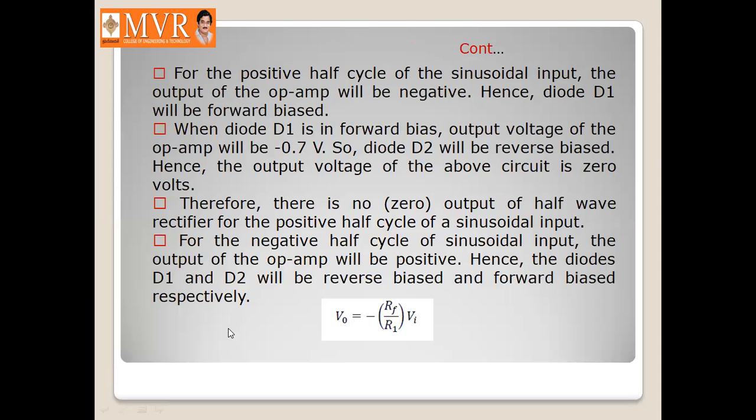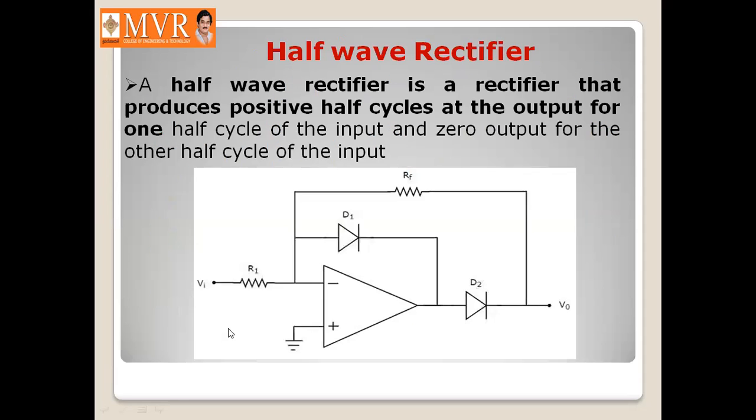And during the negative half cycle, what happens? For negative input, as it is an inverting input, the output will be positive. Whenever the output is positive, the D2 diode will be forward biased and the D1 diode will be reverse biased.